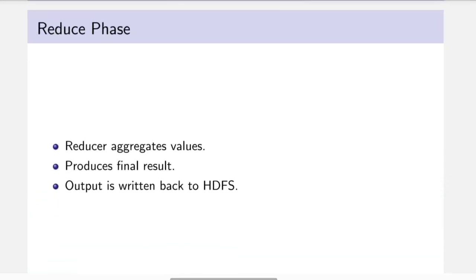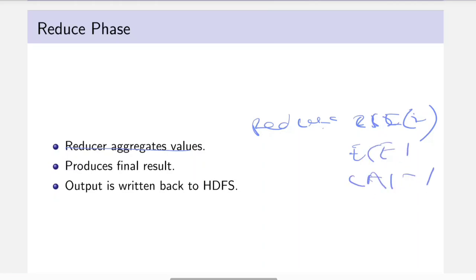The reducer aggregates the values. In the reducer phase, CSC has two students, ECE one student and CAI one student. The final result is produced and stored again in HDFS. So the output is written back to HDFS.